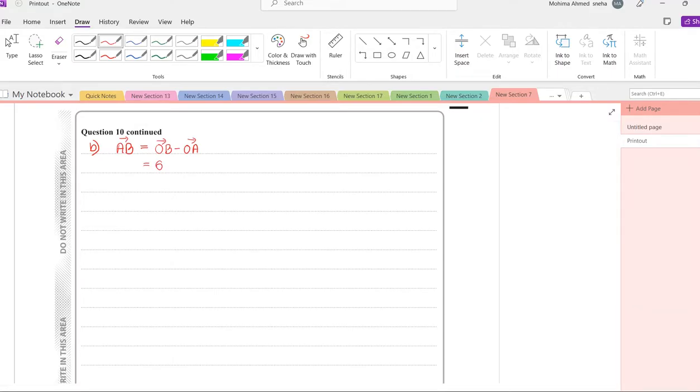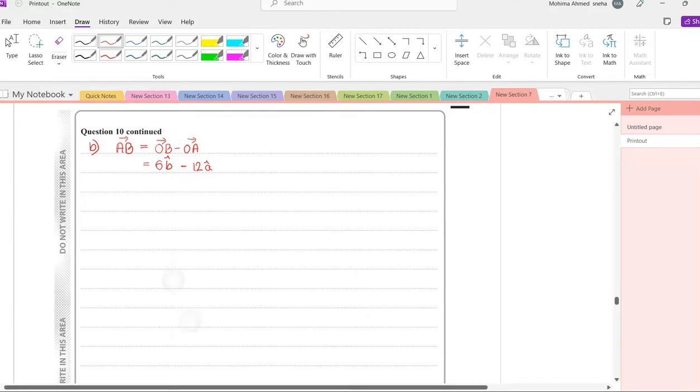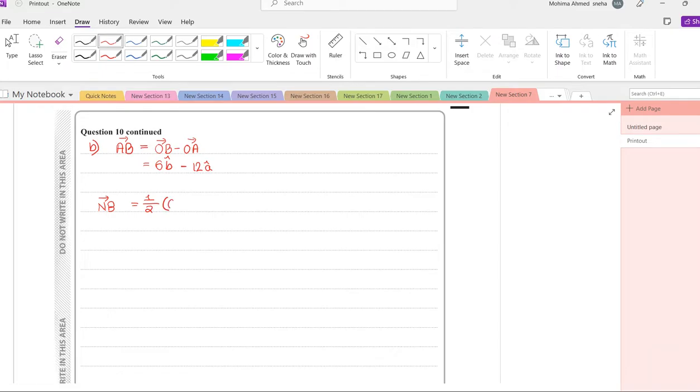OB was 6B minus 12A. So this is the value for AB, and now we need to find the value for NB. NB is half of AB. AB was 6B minus 12A. Now half of 6 is 3 and half of 12 is 6. So NB is 3B minus 6A.